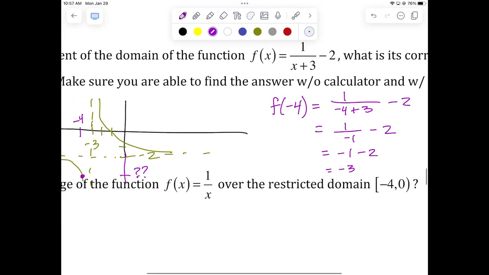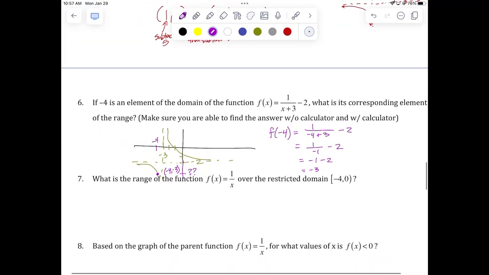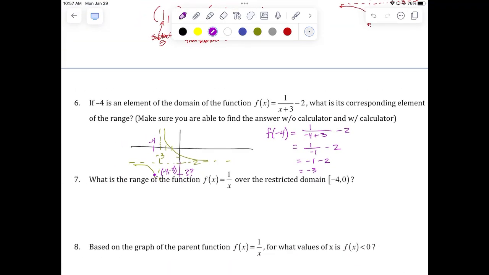It's basically asking us what the ordered pair is. Negative 4, negative 3. Silly wording, right? If negative 4 is an element of the domain, what is the corresponding element of the range? Plug and chug.